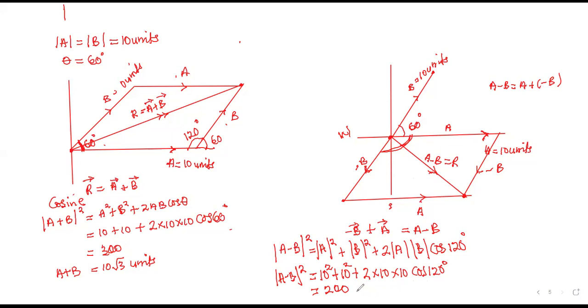So you have plus 2 times 10 times 10 times negative half. Michelle, Deborah, this can also be negative 0.5.